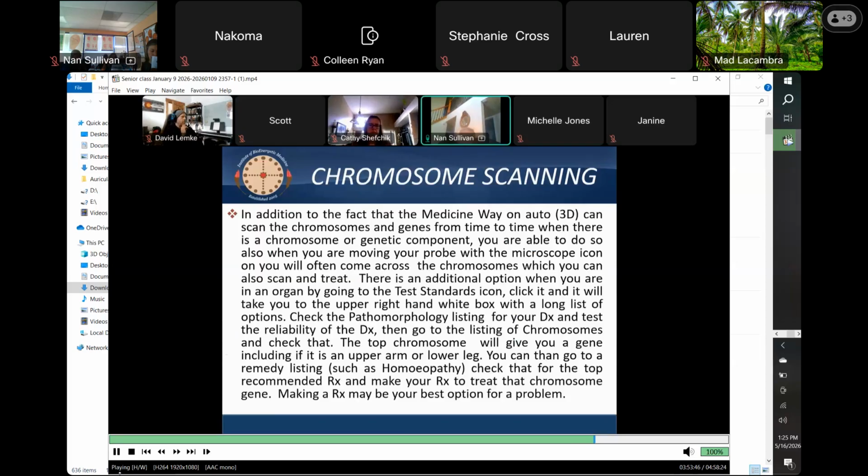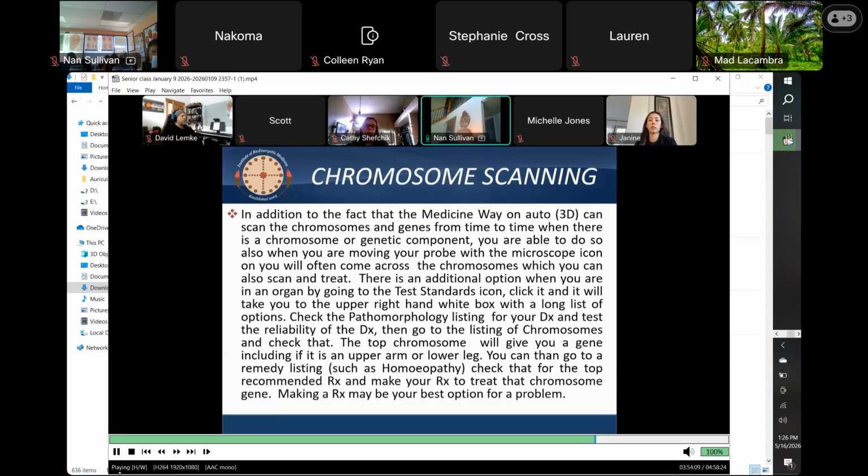There is an additional option when you're in an organ by going to the test standards icon. Click it, and it will take you to the upper right-hand corner white box with a long list of options. Check the pathomorphology listing for your diagnosis and test the reliability of the diagnosis.